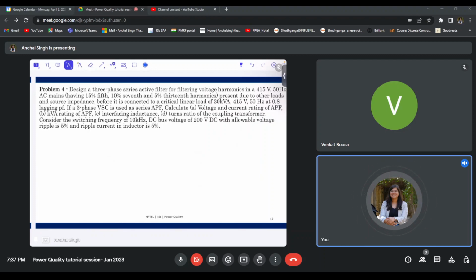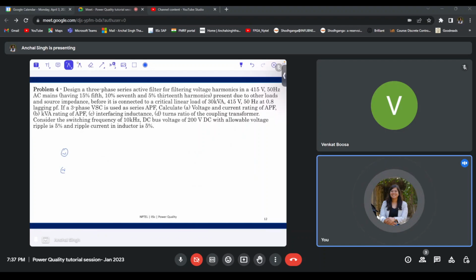If you look at the diagram for this particular configuration, since this is a three-phase system, let me call these VSA, VSB and VSC.